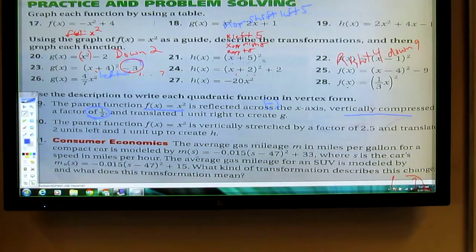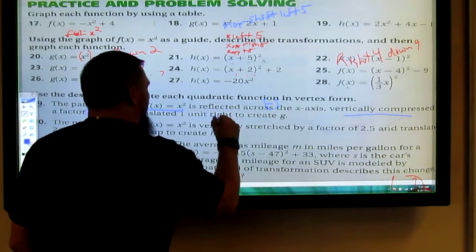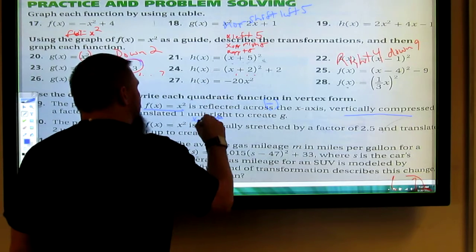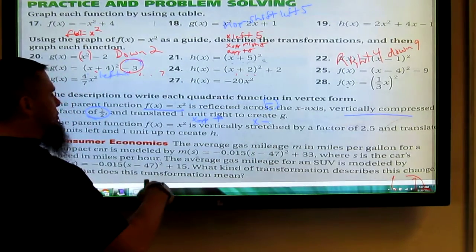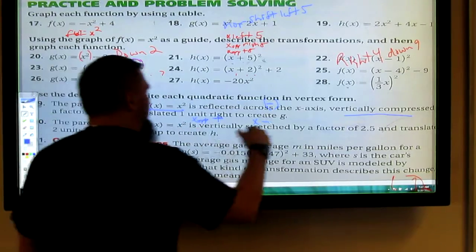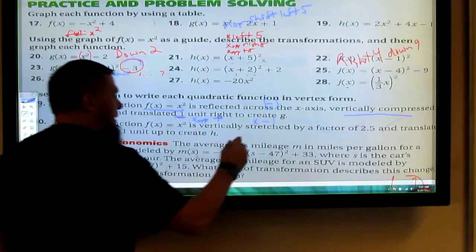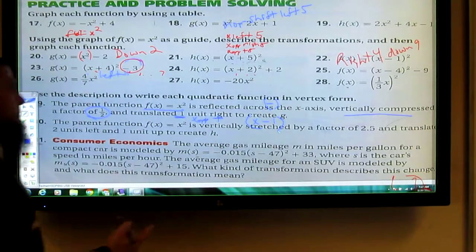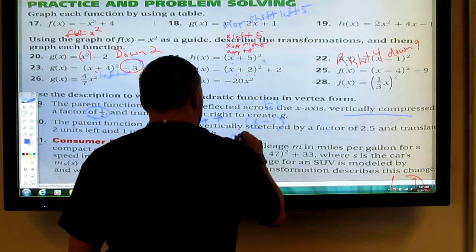And it's translated to the right, which means plus, but because it's translated right, it's an x opposite of plus, which means x minus, to create g, translated 1. So it's x minus 1, so we know it's x minus 1 squared.